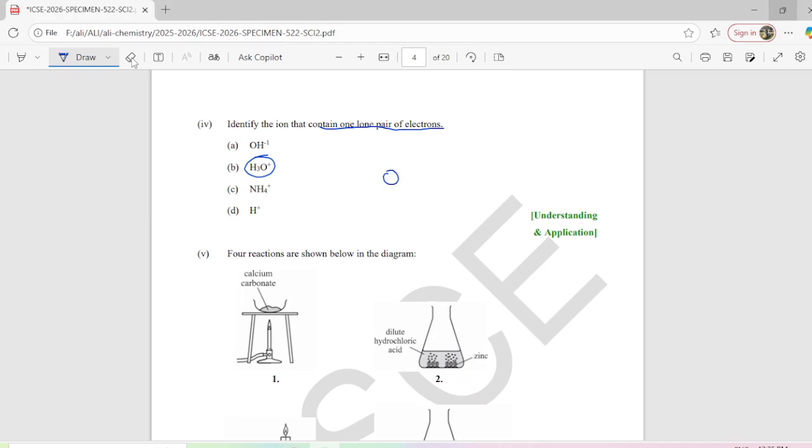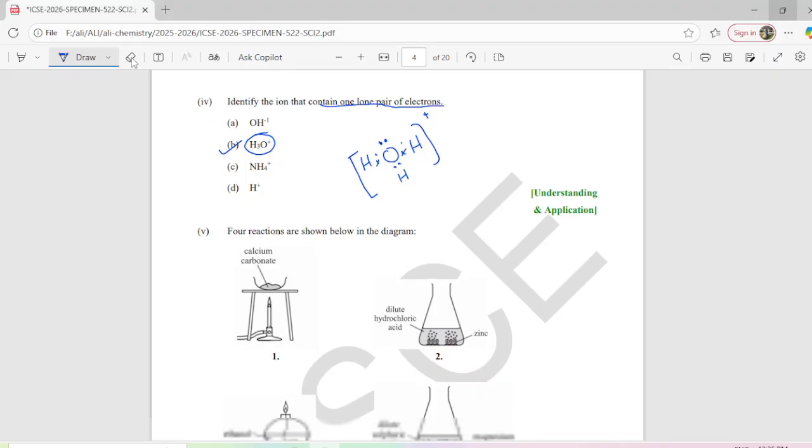When you see the electron dot diagram for this hydronium ion, it will be like this, where it has 2 covalent bonds and this is a coordinate covalent bond, and oxygen still has one lone pair of electrons. So this is the hydronium ion. So option B is correct.